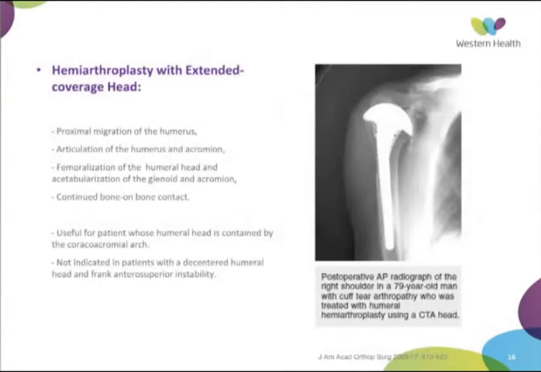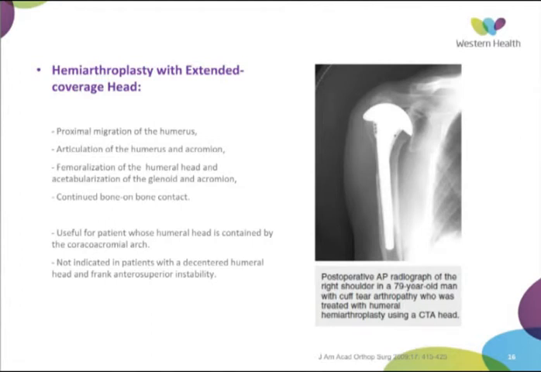The other option that's been used is the hemiarthroplasty with extended coverage head, or the CTA head. Normally what happens when there's a cuff tear, the humeral head will migrate proximally, and it starts articulating with both the glenoid and the acromion. And the femoralization of the humeral head, that means that the tuberosities will become flat and congruent, as well as the deepening of the glenoid and acromion, causes contact between the bones, and this continued bone-on-bone contact will cause pain for the patients.